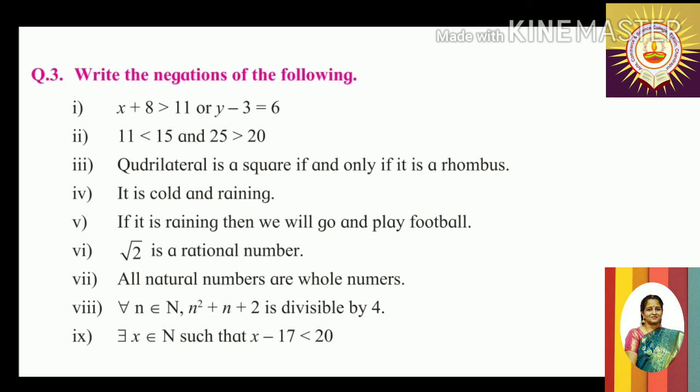The fourth example is it is cold and raining. This can also be solved by using De Morgan's law for conjunction. What is the answer? The answer is it is not cold or not raining.